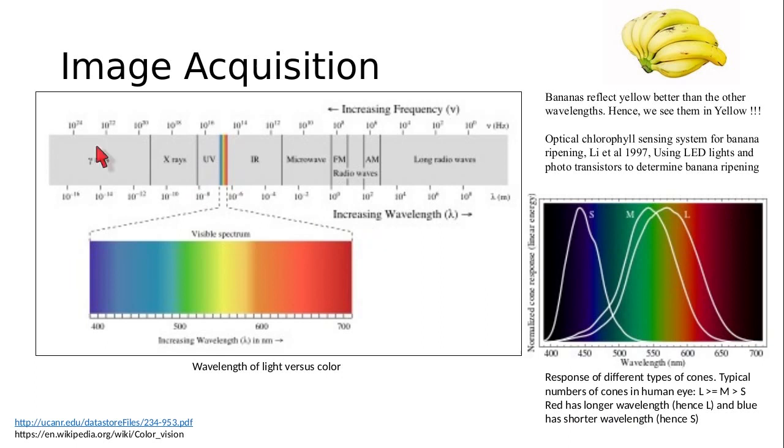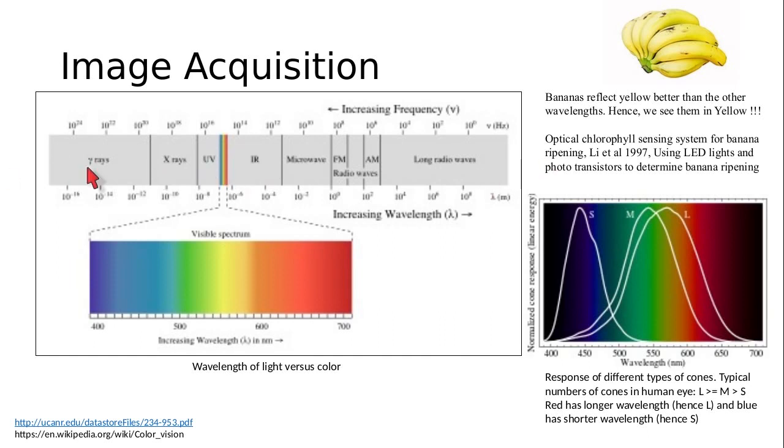You have gamma rays, X-rays, ultraviolet rays, and then the visible spectrum of light, which ranges from 400 nanometers to 700 nanometers. This is what the human eye can see. But you also have infrared light, microwave, FM, AM and so on. So the entire electromagnetic spectrum is not seen by the human eye, but these are all photons.